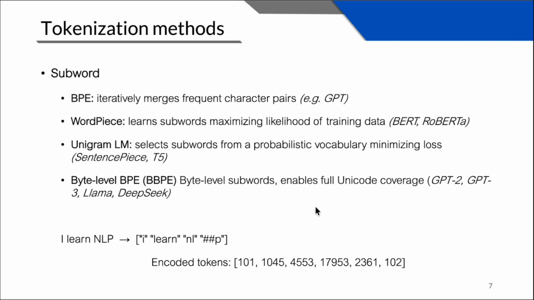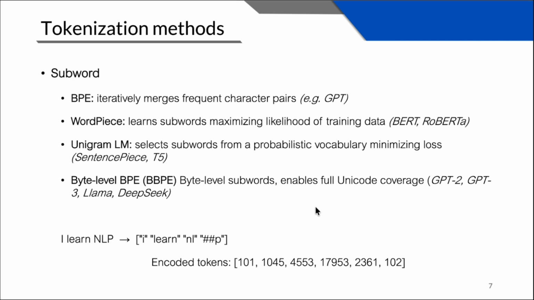Actually, it selects subwords from a probabilistic vocabulary. So we have the vocabulary, and we need to extract the tokens from the training data by minimizing the loss when applying this vocabulary to the training data.